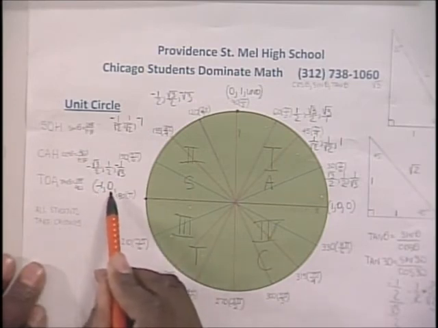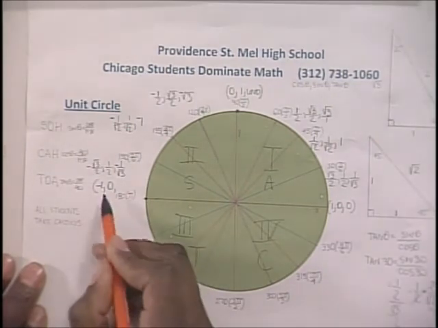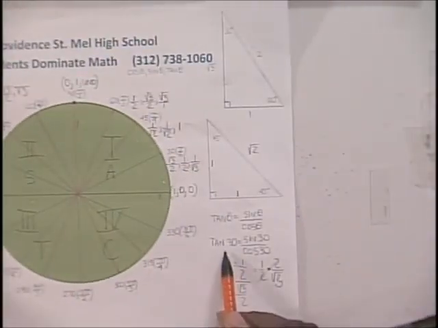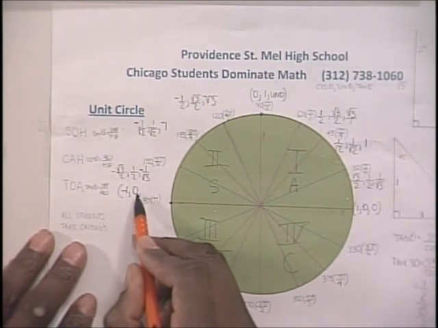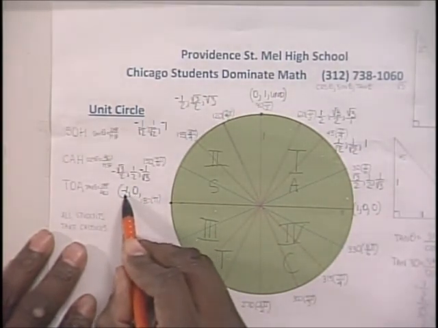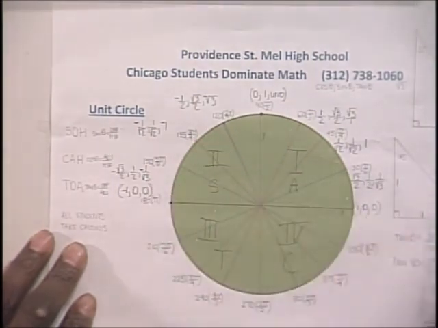The sine of 180 is 0. And the tangent, by definition, is sine over cosine. So the tangent of 180 is the sine of 180, which is 0, divided by the cosine of 180, which is -1, and that quotient would be 0.